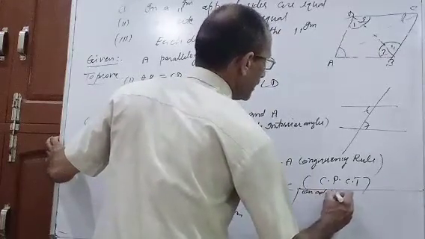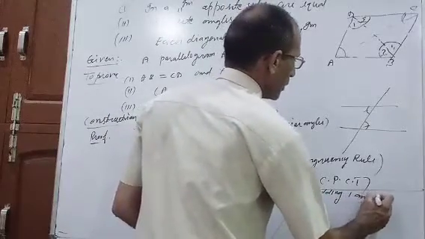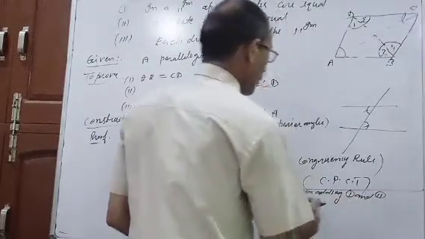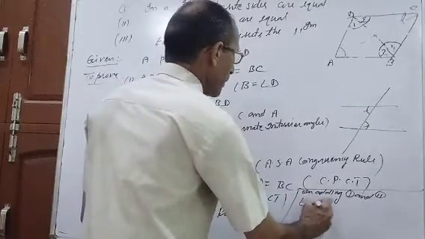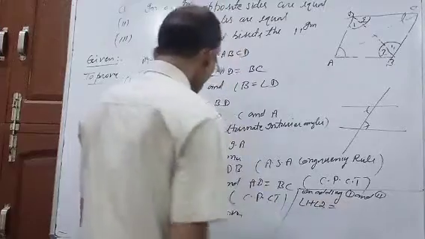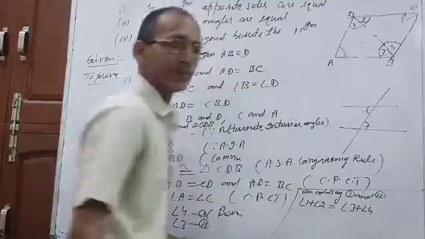on adding equations 1 and 2, angle 1 plus angle 2 is equal to angle 3 plus angle 4.